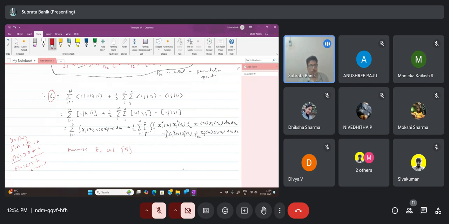So with respect to the set of chi i, you are going to minimize it. How are you going to do that? Basically we are going to set delta E equal to 0, right? But there is a problem. The problem is that the chi i's have a constraint.